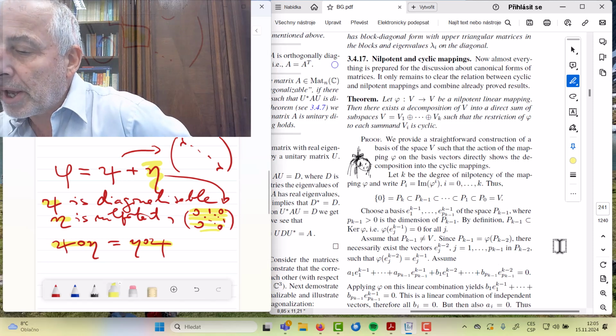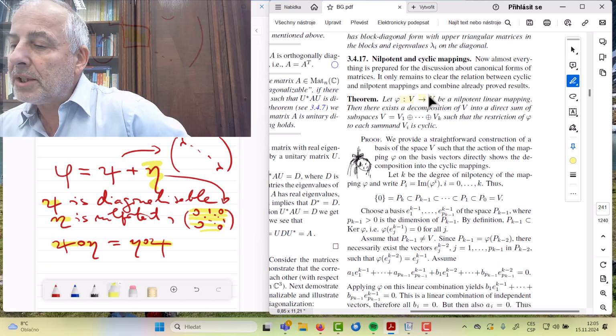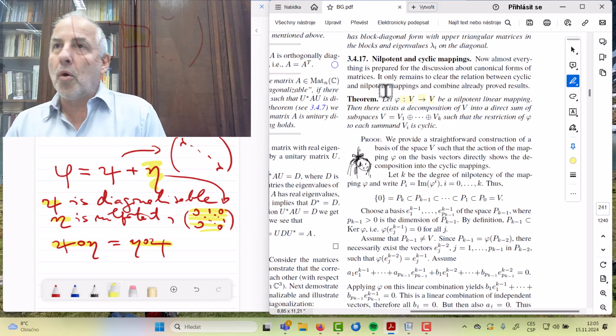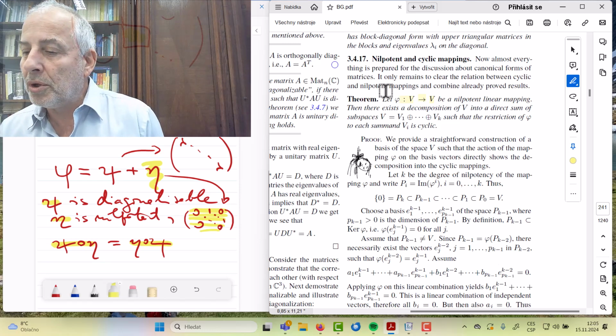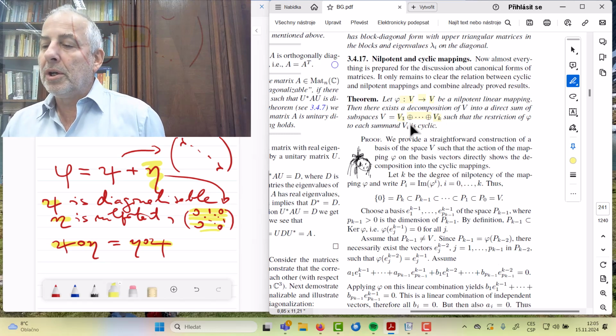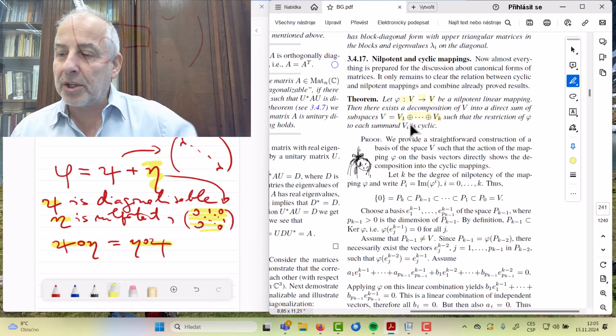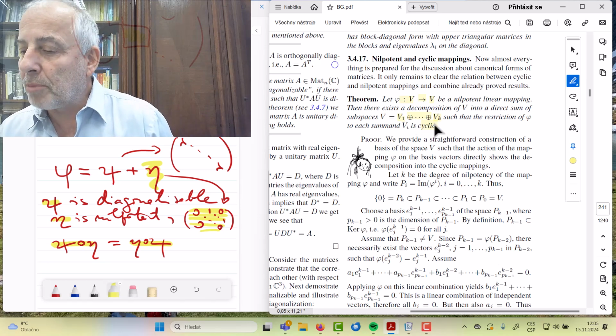Now we want to conclude by saying that whenever we have a nilpotent mapping, it always decomposes into a direct sum of subspaces on which the mapping already acts in this nice cycle, so it's not only nilpotent but cyclic.